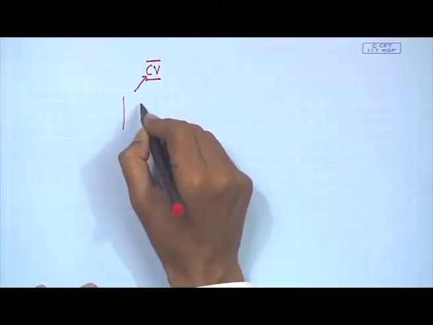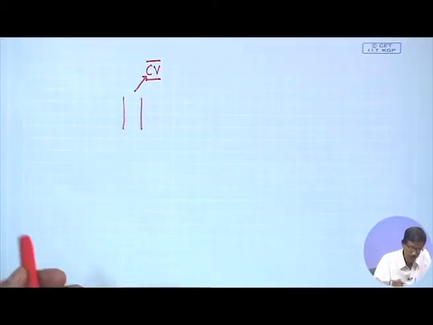One is your working electrode, another is your reference electrode. As we all know, when we construct a half cell, we need one electrode, and when we get the other electrode, you have the corresponding values for the cathode and the anode.